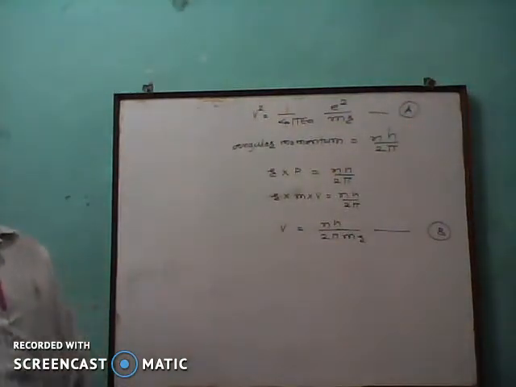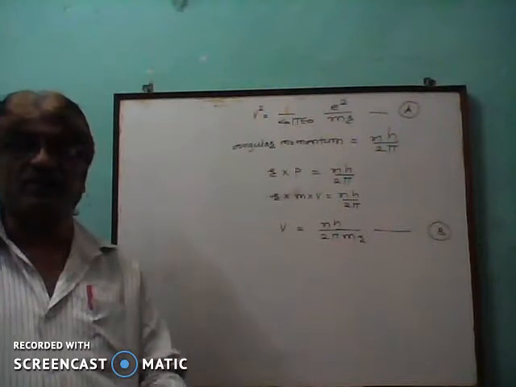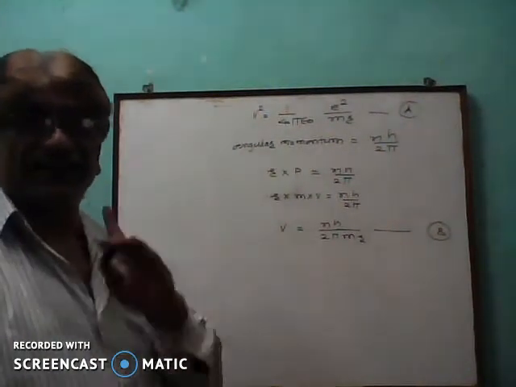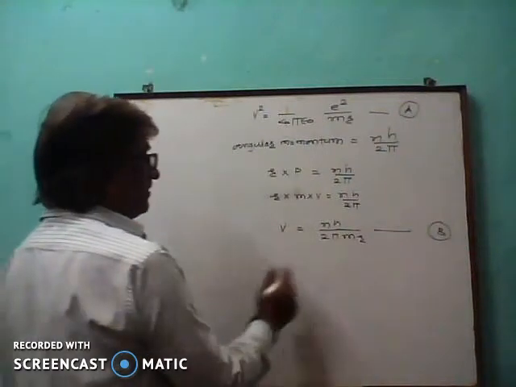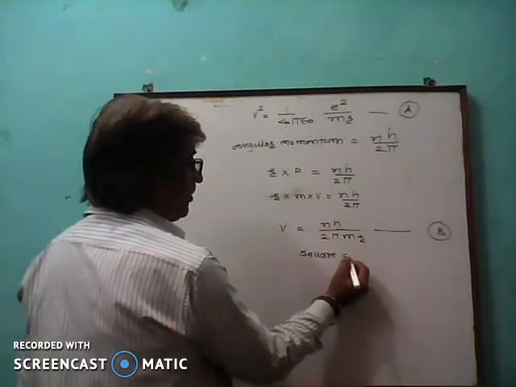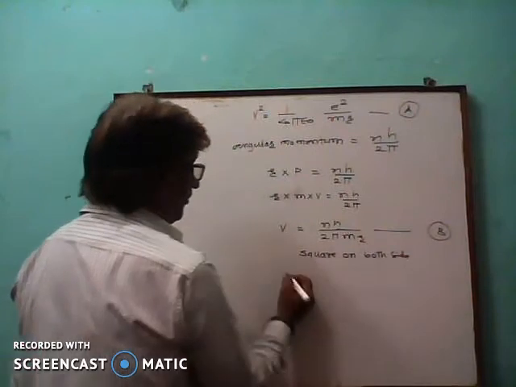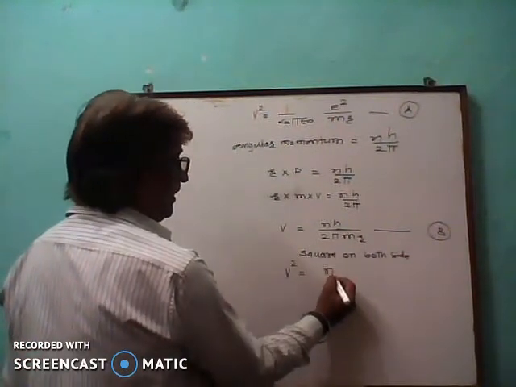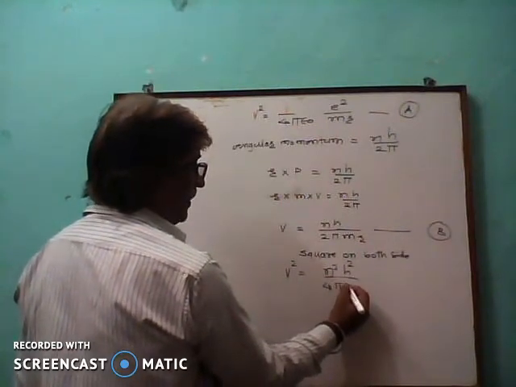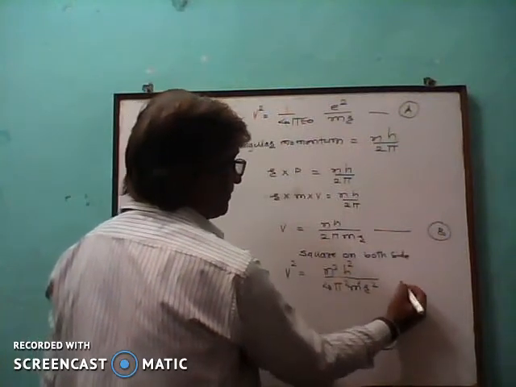From these two equations, we can calculate the value of radius as well as the value of velocity. First, we can calculate the radius. So, square equation B on both sides. What happens? v square is equal to n square h square upon 4 pi square m square r square.